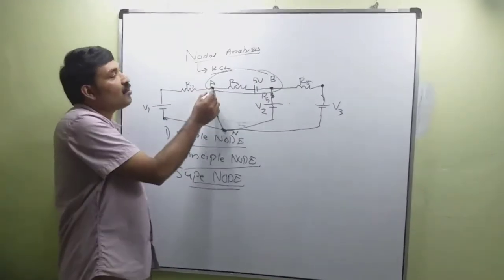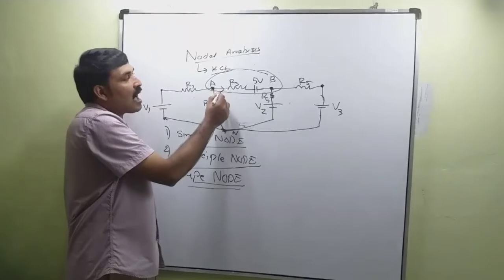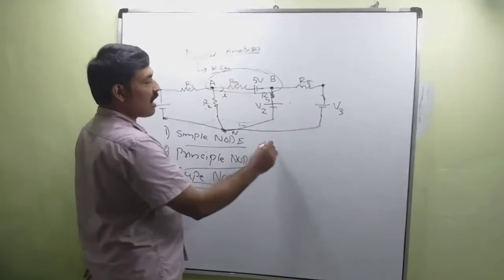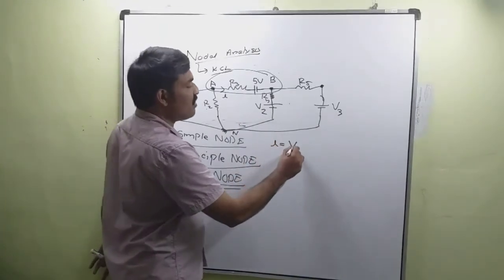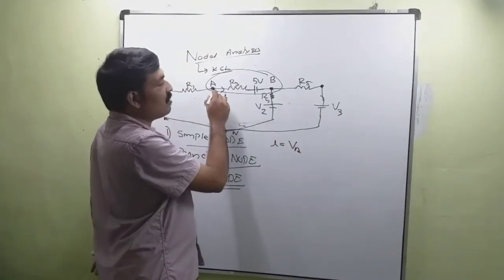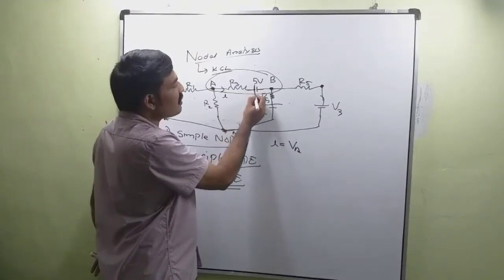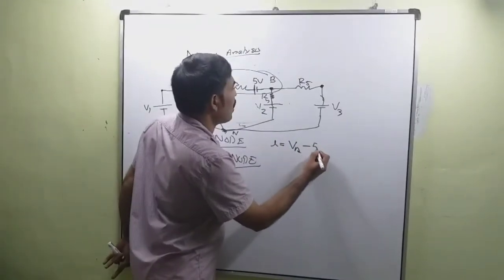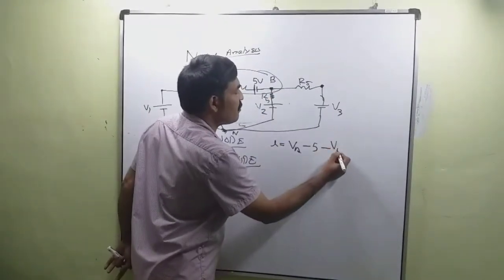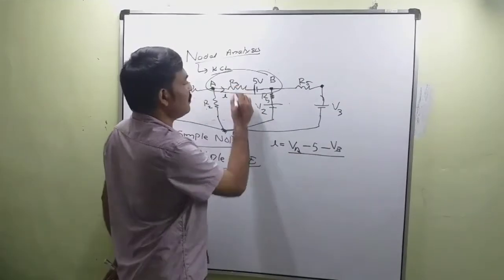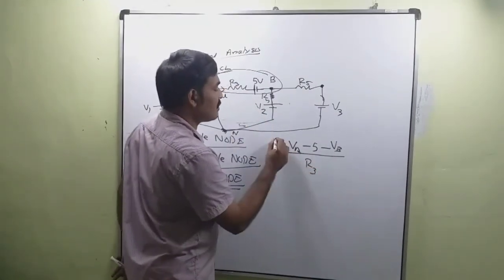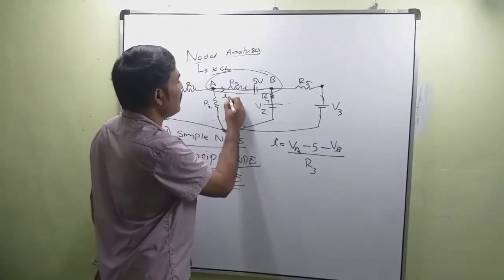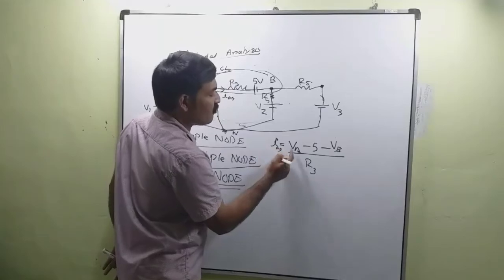So, analysis of this branch. Suppose I is the current through this branch. Then I is equal to VA, where VA is the potential at this node. Then this terminal is at higher potential and this is at lower potential. So I_AB is equal to VA minus 5 minus VB, divided by this resistance R3.